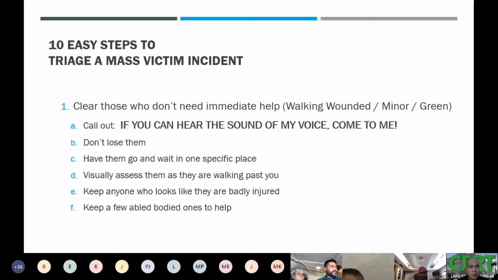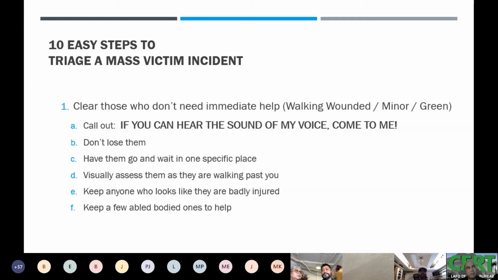When they do, make sure they're walking towards you and you're looking at them, assessing them, making sure they don't look like they are going to collapse anytime soon. Send them somewhere specific. Don't just say, go over there and wave your hand around some generalized area. Say, go over to that tree and stay there until we come and assess you.